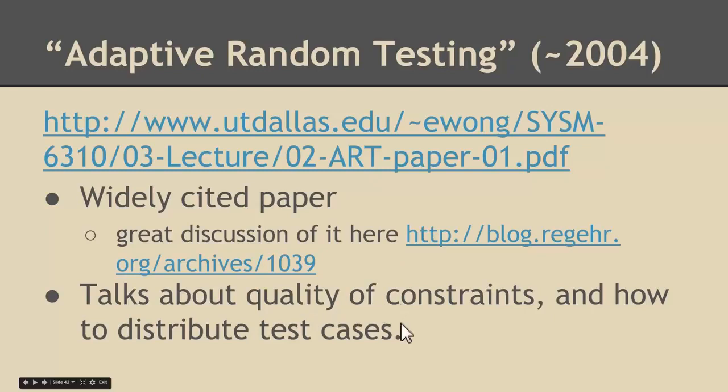We talked about this a little bit in the past lecture, and it accordingly described how to more evenly distribute test cases for more interesting constraints. And there's a really good discussion of it on the Embedded in Academia blog. It's definitely worth reading if you're interested in this form of research.